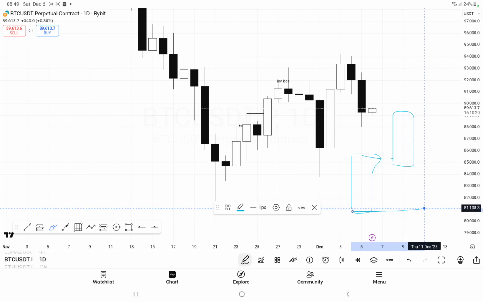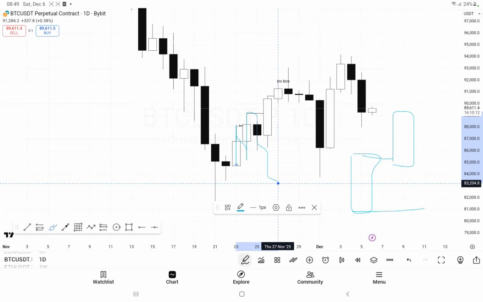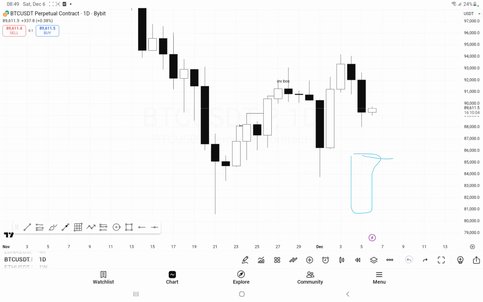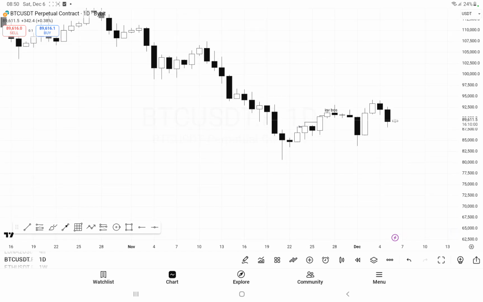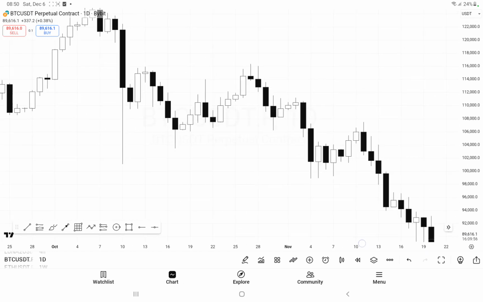So when you have a break of structure, before you can say the market has changed character, you have to see price break below this candlestick low here. Then you can mark it out as a change of character. So let me show you an example on the charts so you can see how this is applied.